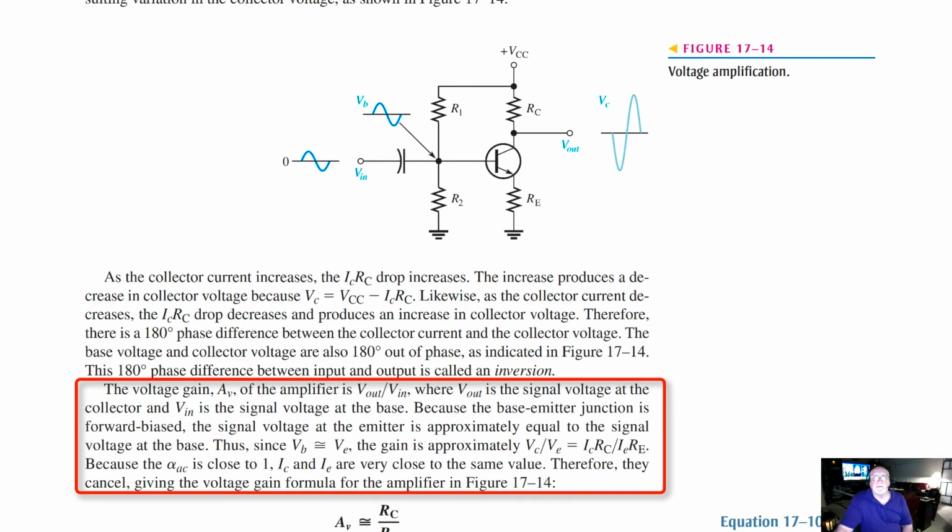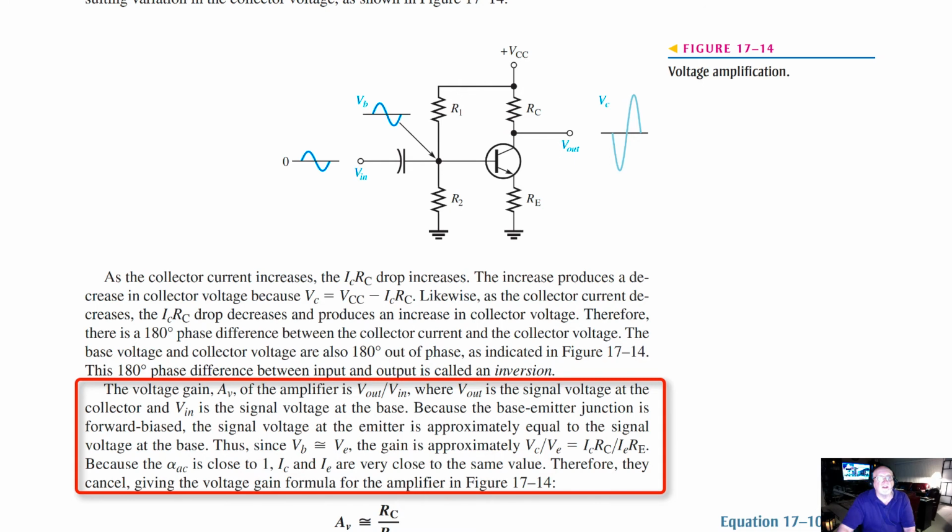Because the base emitter junction is forward biased, the signal voltage at the emitter is approximately equal to the signal voltage at the base. Thus, since V sub B is approximately equal to V sub E, again the AC values, the gain is approximately V sub C over V sub E, or I sub C R sub C over I sub E R sub E. Because the alpha AC is close to 1, I sub C and I sub E are very close to the same value.